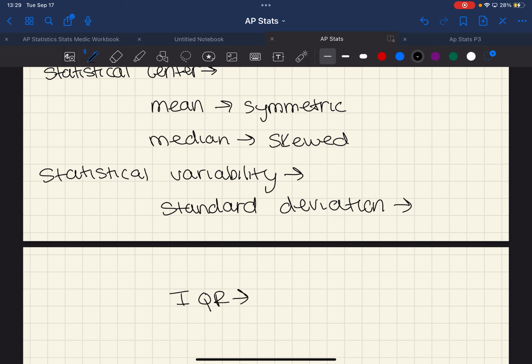So for standard deviation, we are going to look at symmetric distributions. And if we had any skewed distributions, we would use IQR.